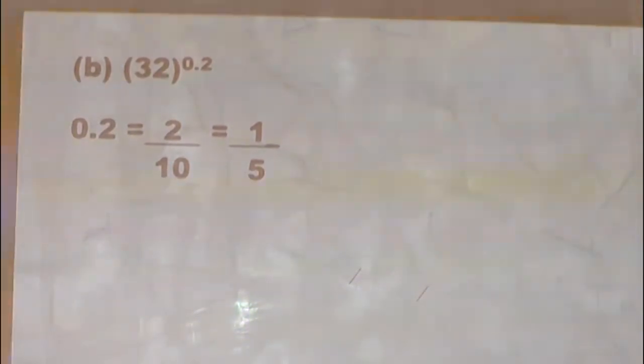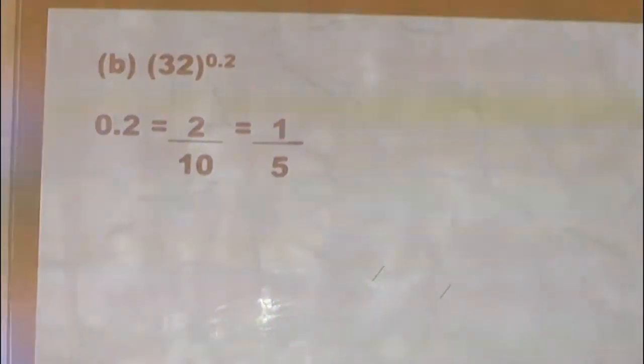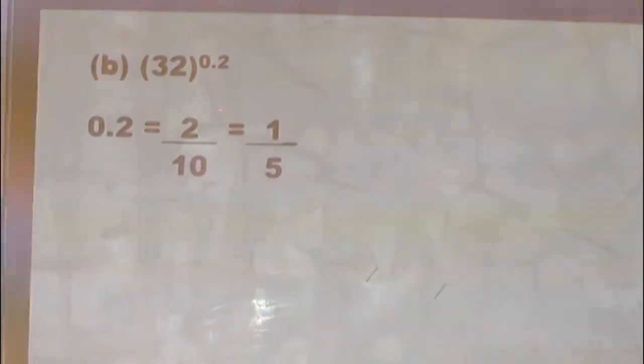The second question is given as open bracket 32 close bracket all raised to the power of 0.2. And the final result from the previous question is this 0.2, where we said this 0.2 is still the same thing as 1 all over 5.